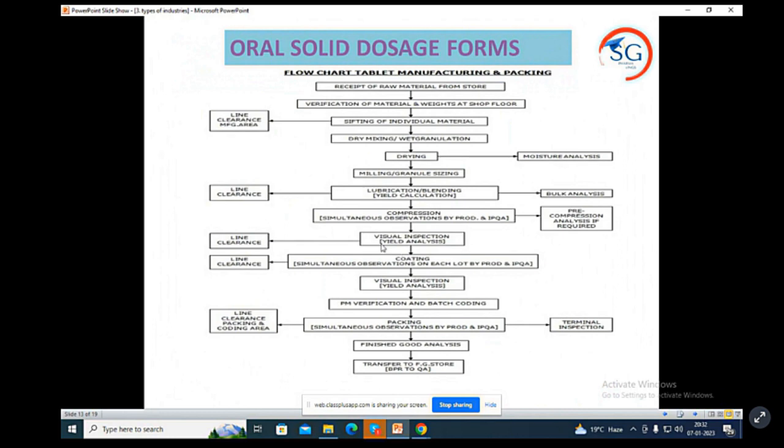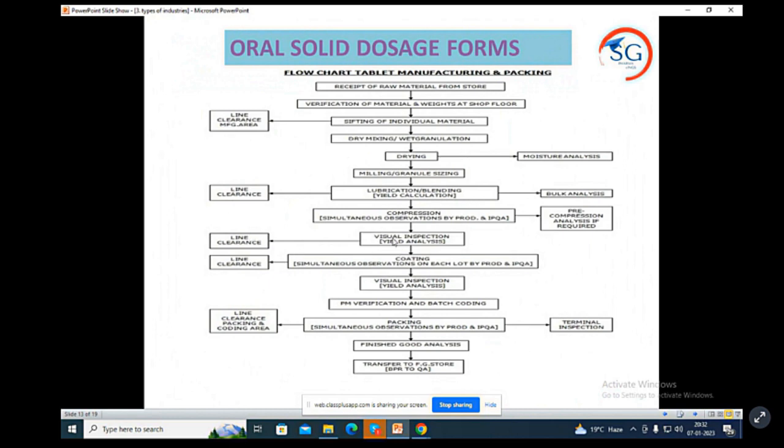AQL is a separate guideline framed by the ISO, wherein you have to collect random samples from all the compressed tablets, or at any stage, and do the AQL check. I will show you how the AQL sheet looks in the next sessions, a sample. I will also explain the types of defects there.